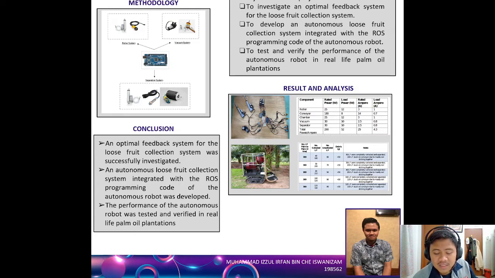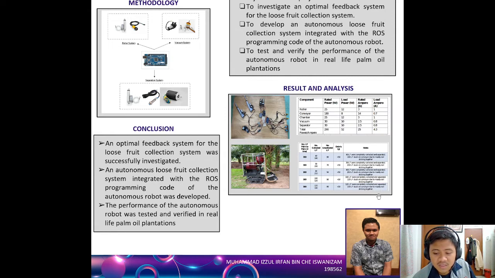So as you can see in this table here, we can see that there is a separation between 120 and 100 loose fruits collected. 120 here represents that 120 loose fruits were completely collected and separated, whereas 100 other loose fruits were also collected. However, they got stuck on the conveyor due to the muddy soil sticking together.